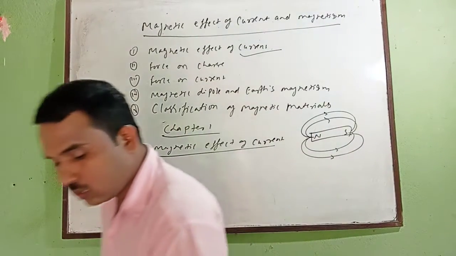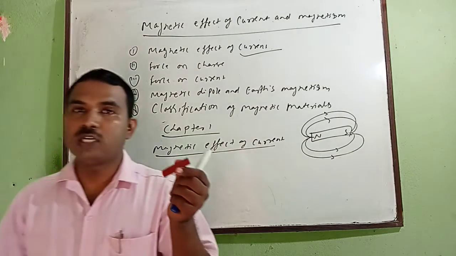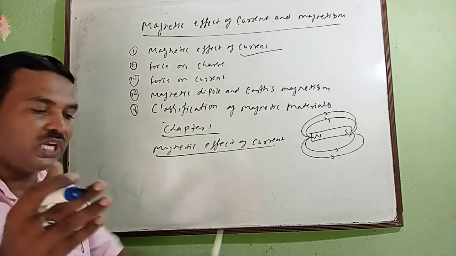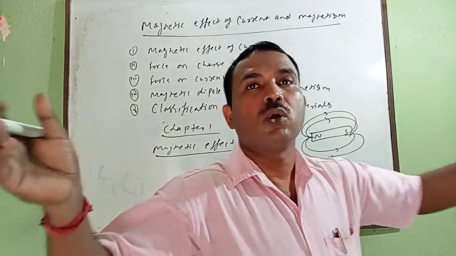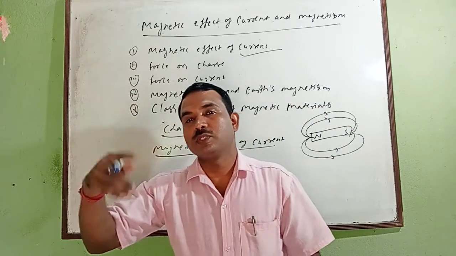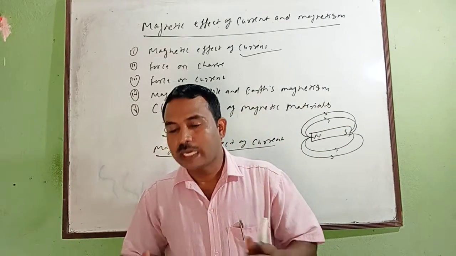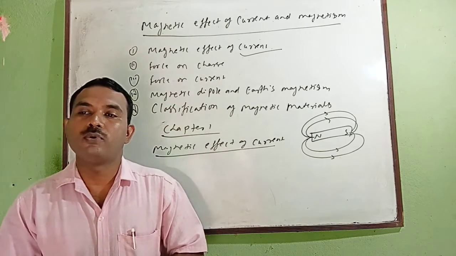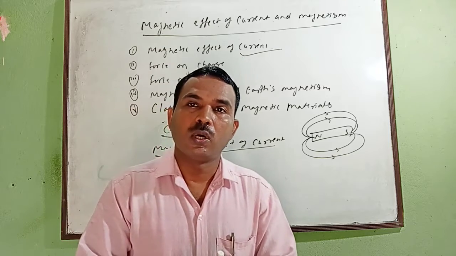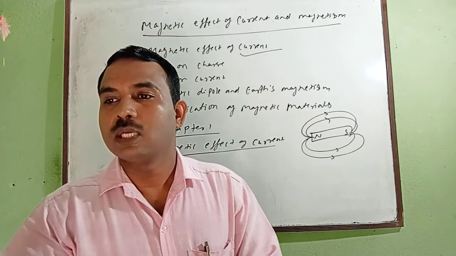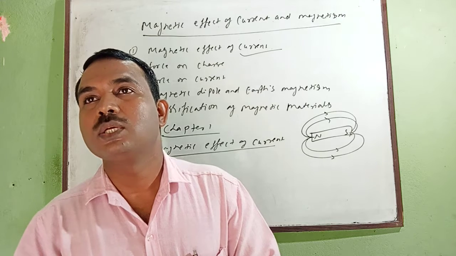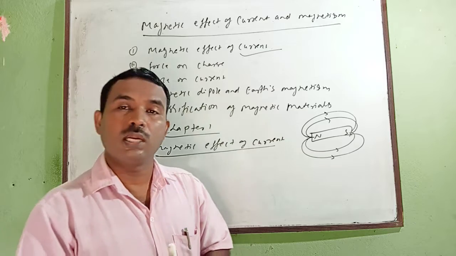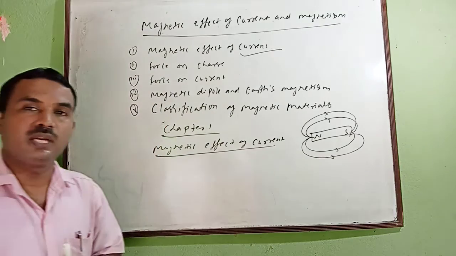And this is a permanent magnet. For a temporary magnet, you take a coil, meaning longer copper wire wound around. If you connect it with a battery, due to the flow of current in the coil, and then take a piece of iron, you will notice that it starts to attract, or you can take a compass needle also.